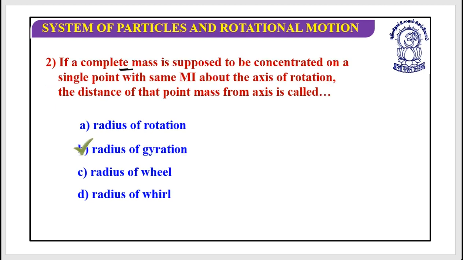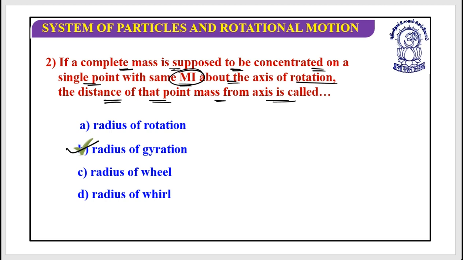It says that if the complete mass is supposed to be concentrated at a single point with the same moment of inertia about the axis of rotation, then the distance of that point mass from the axis, we call the radius of gyration. You can remember this as the definition of the radius of gyration.